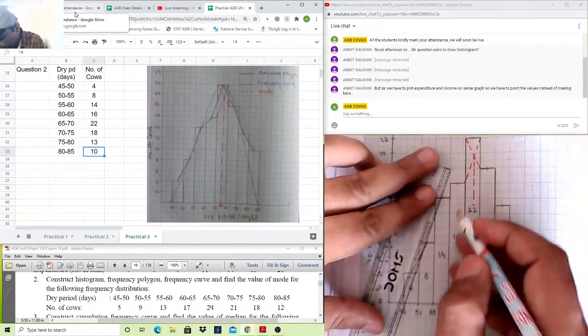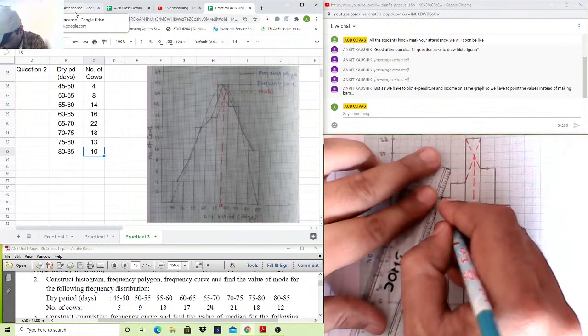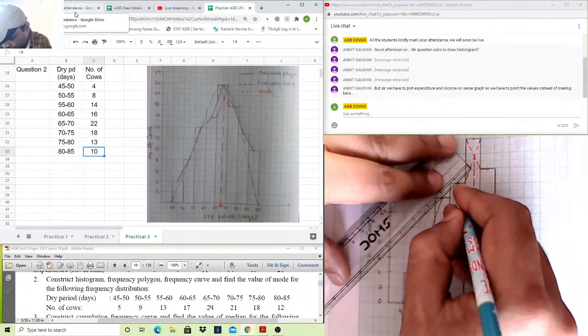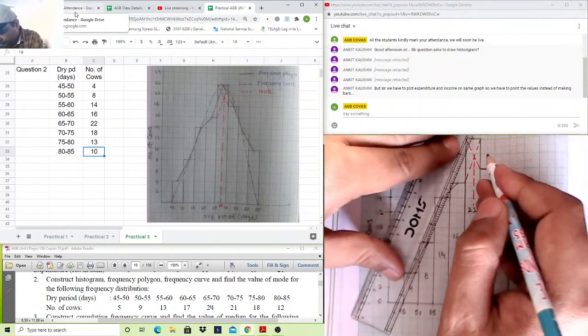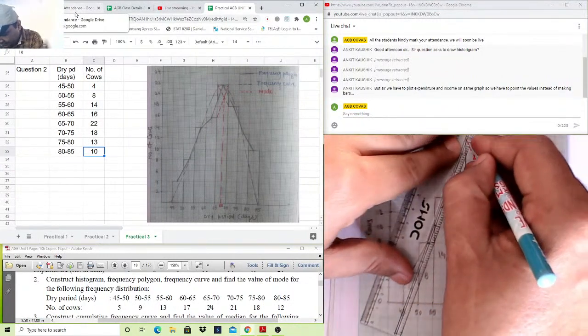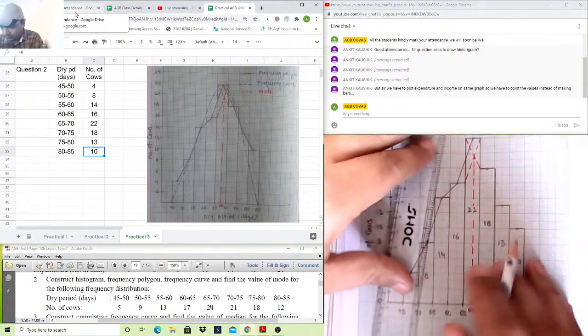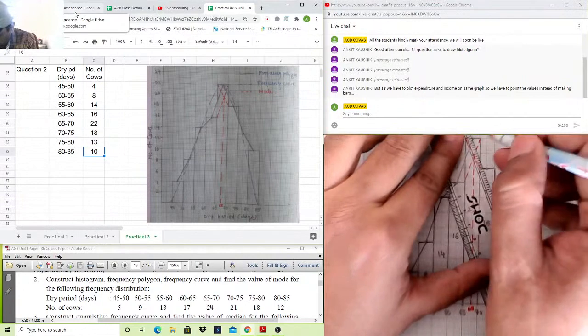Join all the points. This will make your frequency polygon.